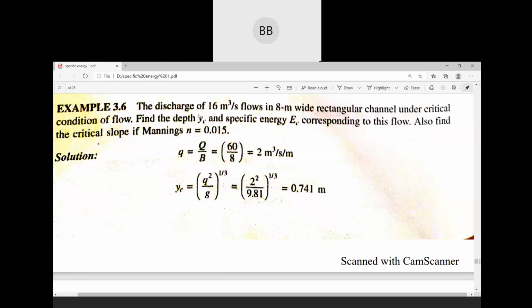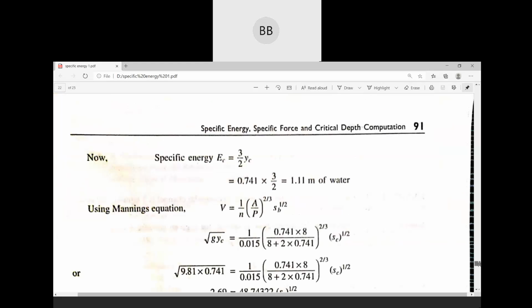The first part is over. Then we need to find out the specific energy for that critical depth. So this expression we have already derived. Specific energy at critical depth is equal to 3 by 2 YC. I think we have already derived this in the last class. We are directly using this equation, or if you don't remember this expression, you can use this expression also.